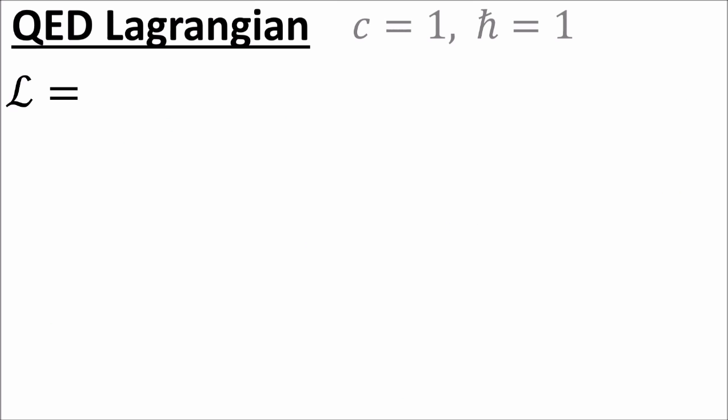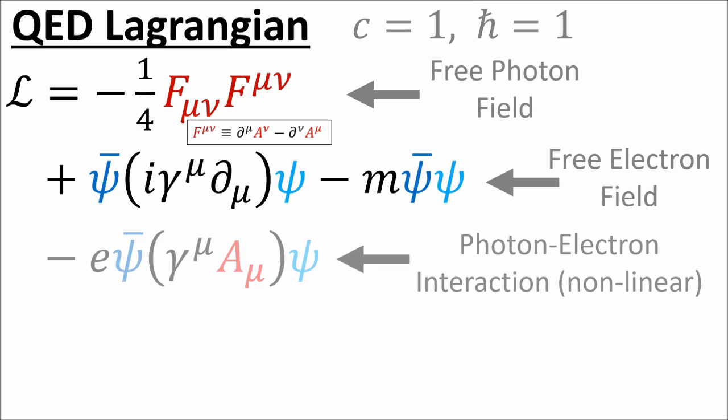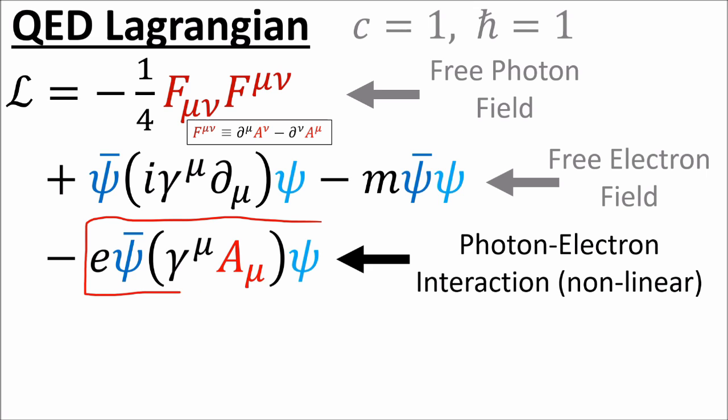It's also possible to make different fields interact with each other by introducing additional terms in the field Lagrangian or Hamiltonian densities. For example, this term couples together the photon field A and the electron field psi in quantum electrodynamics, allowing photons to interact with electrons through the electromagnetic force.